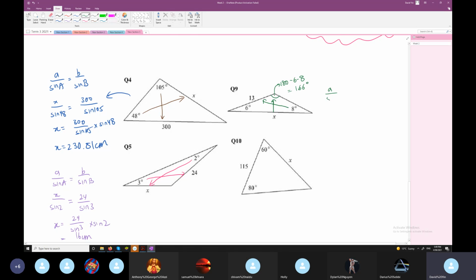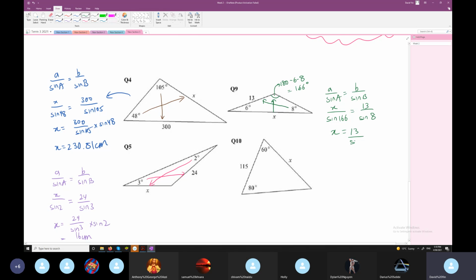So now we can use the sine rule. So we got A over sine A equals B over sine B. So what we have is, let's say, x over sine 166 because the opposite angle to x is 166. And B here is 13 over sine 8. Then what we want to do is bring that sine 166 across.